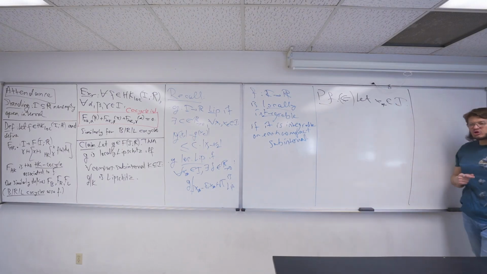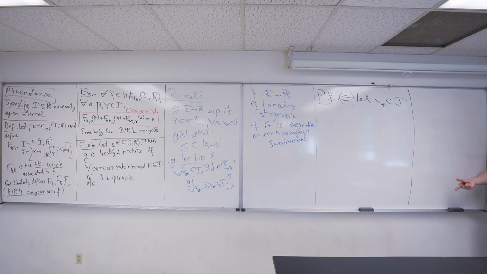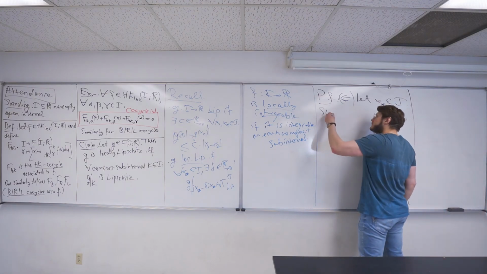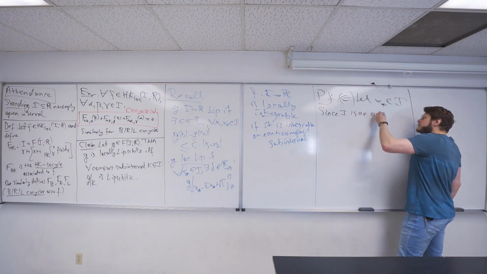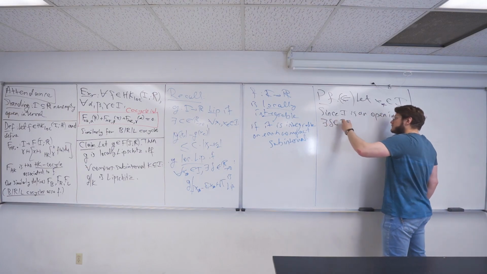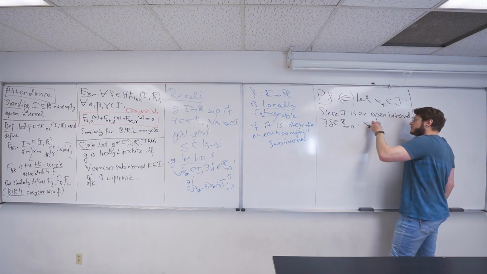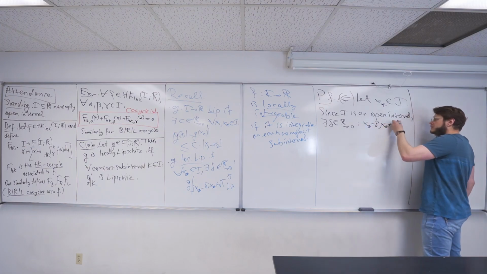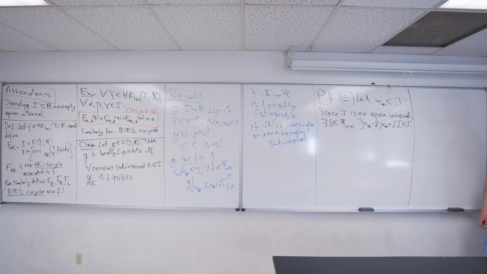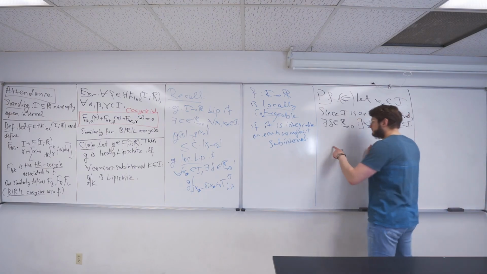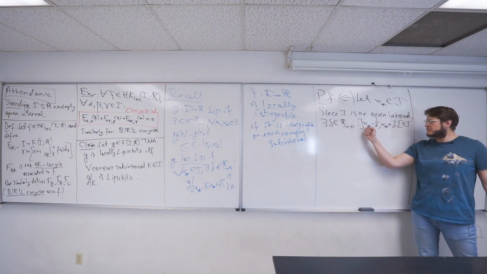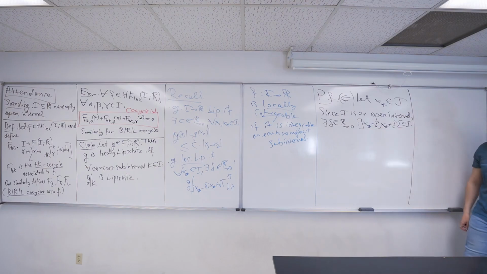Well, I is an open interval, which means that there is some delta such that x star minus delta, x star plus delta is within I. But then, if I were to halve this delta, I could for sure say that the closed and bounded interval from x star minus delta over 2 to x star plus delta over 2 is completely within I.